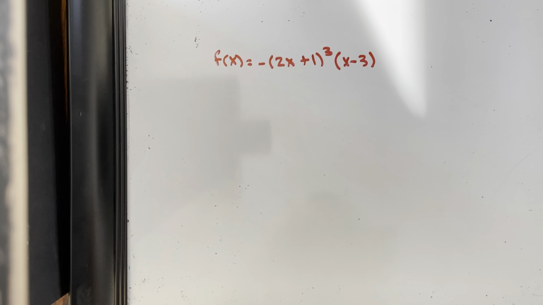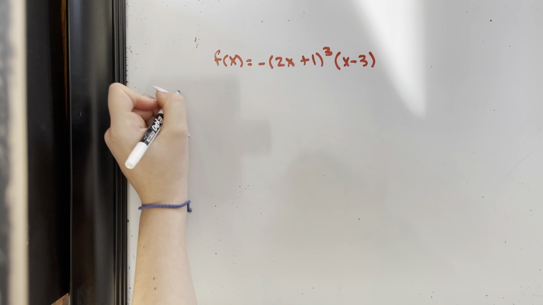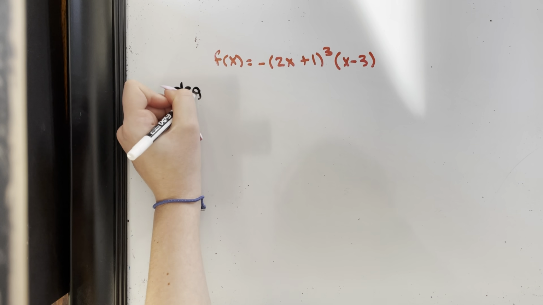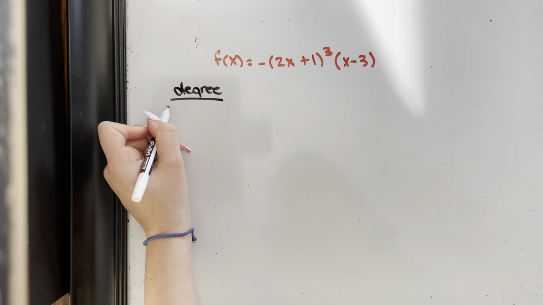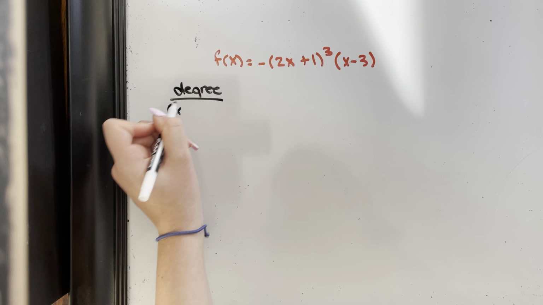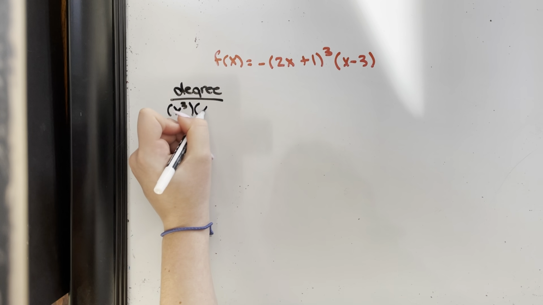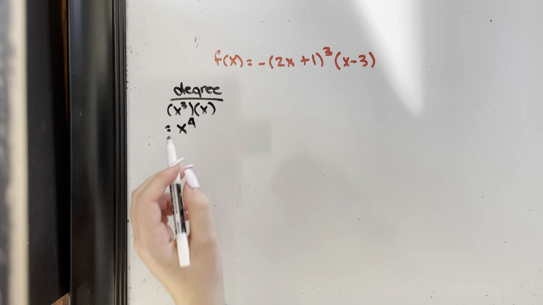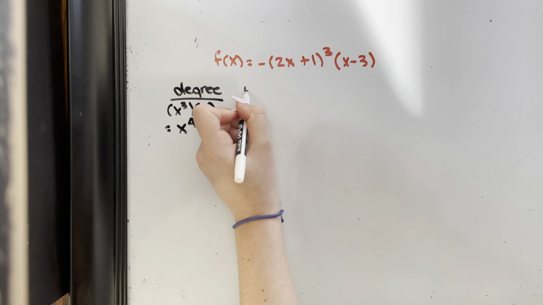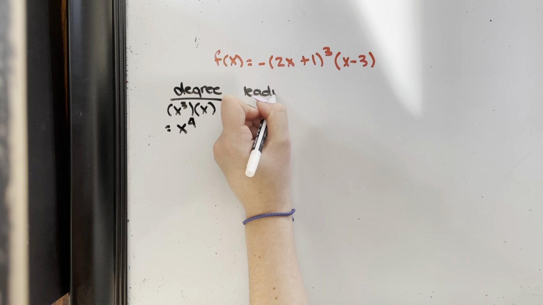So now let's try this one here. So first is the degree. So we have x cubed and x. So the degree is going to be 4 for this one. And now the leading coefficient.